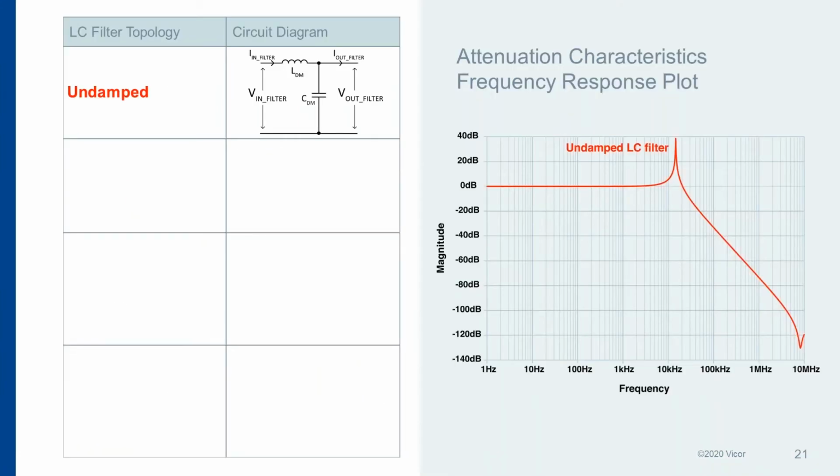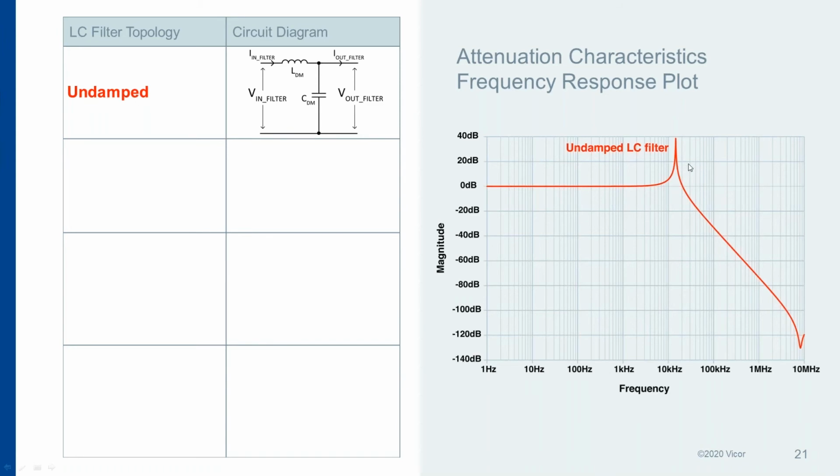So if we take a look at the different components that are used in our filtering system, the components need to be well damped to prevent peaking at the corner frequency of the system. If we take a look at a basic LC filter, shown here, we can see the characteristics over frequency of this system.